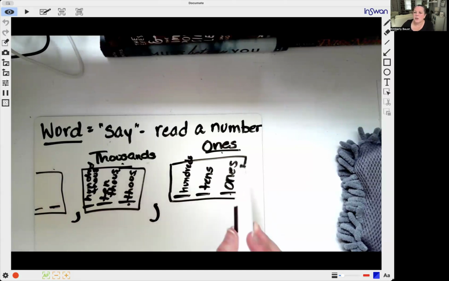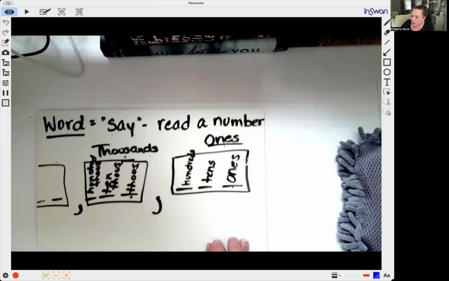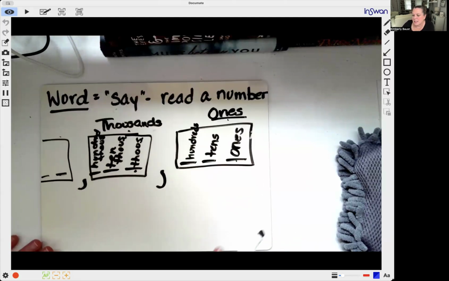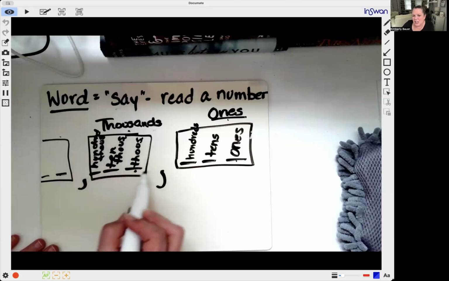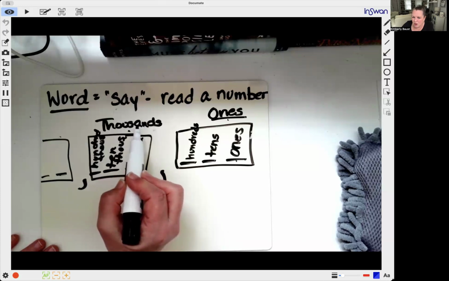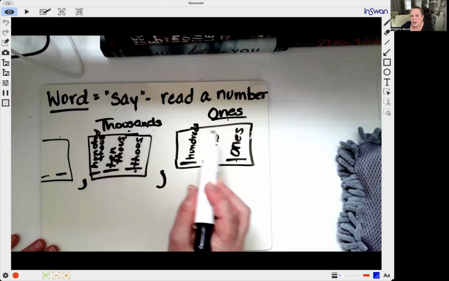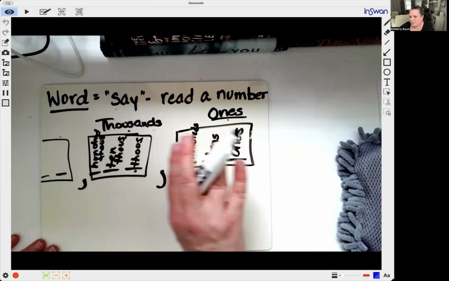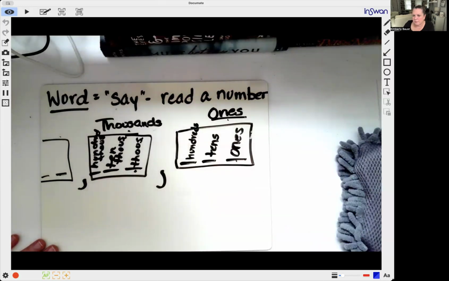No, there is not. So you never have to say ones. You don't have to name that car. You just say the number. So the trick to saying big numbers is that you say the number that's in the car, followed by the name of the car. For the ones car, you say the number in the car, but you don't have to say the name of the car.